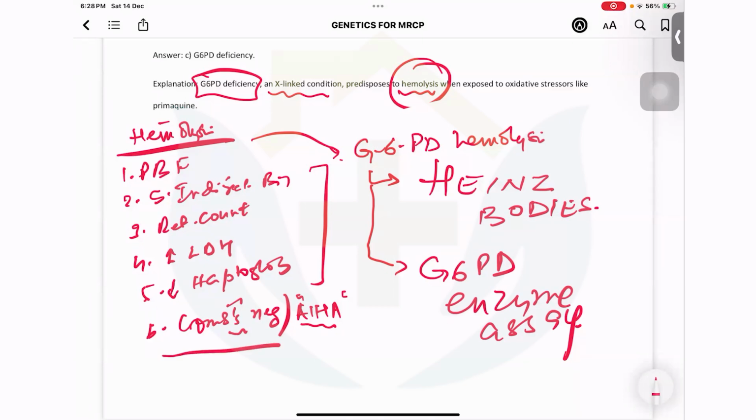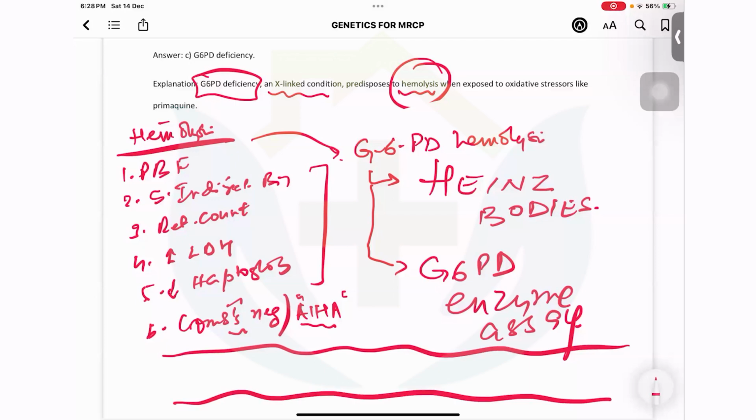Is there any benefit of having G6PD disorder? The MRCP pearl is that these people are inherently resistant to Plasmodium falciparum.